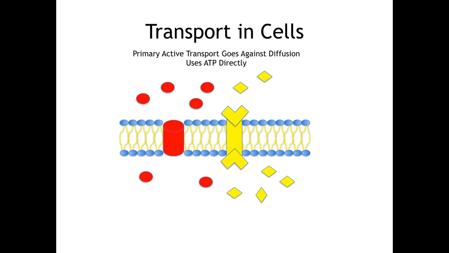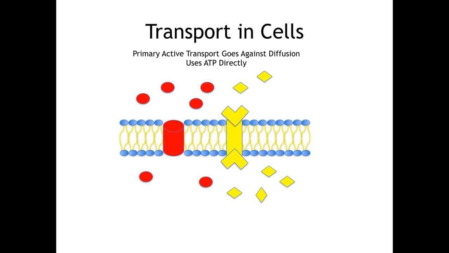It allows things to move whatever way they want to diffuse down their concentration gradient. It does not require any energy. Active transport is the opposite. It moves things against diffusion, moves things against their concentration gradient, and things do not want, naturally, to move against their concentration gradient.